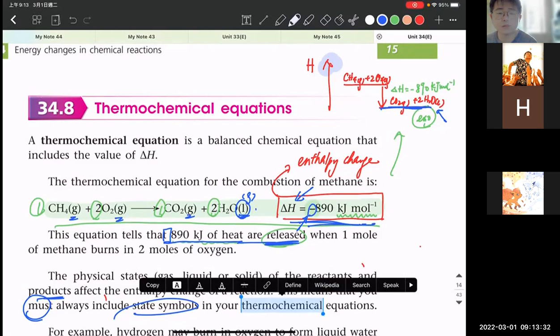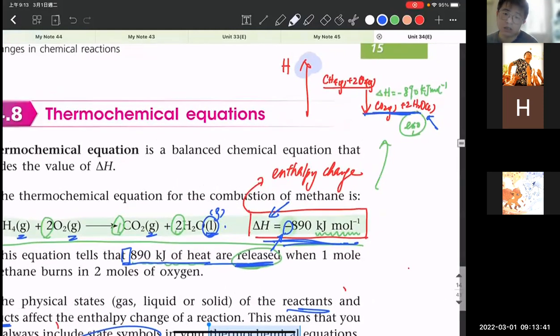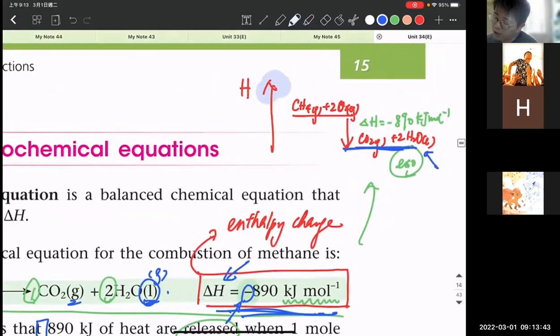If it changes to gas, it will be less negative. So in other words, if you write down the gaseous state of H2O, the enthalpy level should be higher or lower? For L, it would be lower. For gas, it would be higher.